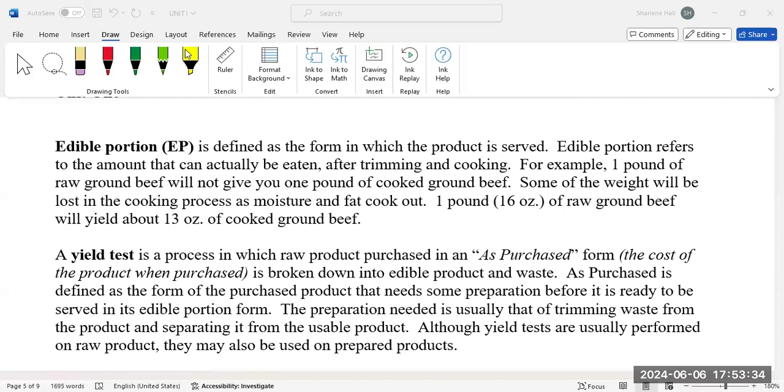Okay. So let us do our yield test now. But before we do our yield test, I'm going to give an example. I just got me a job at Holiday Inn. But they don't start me out immediately to do the fancy stuff.